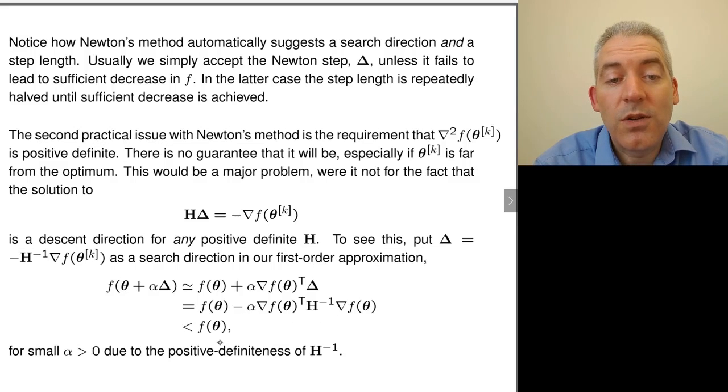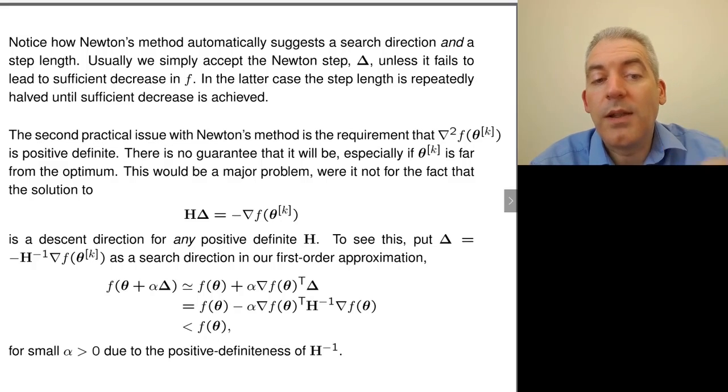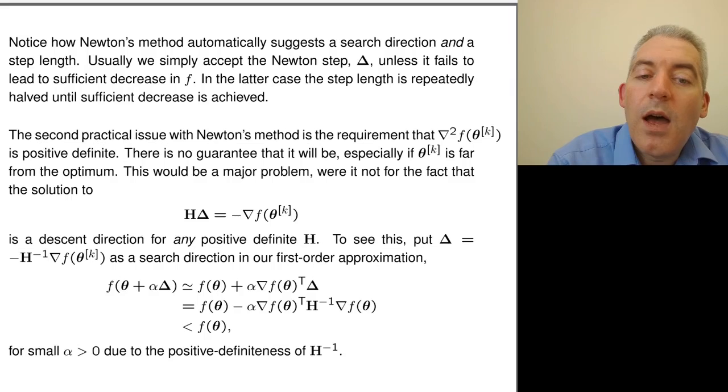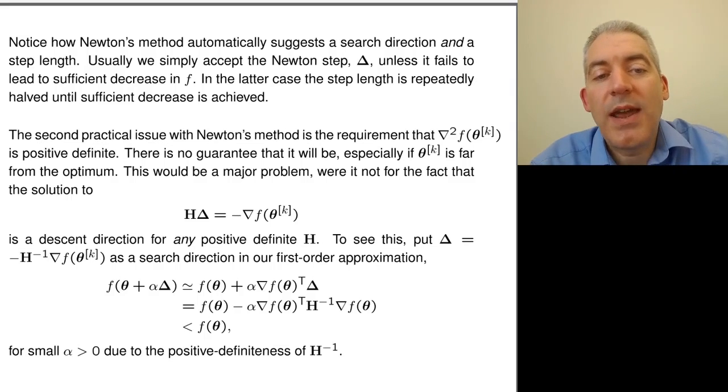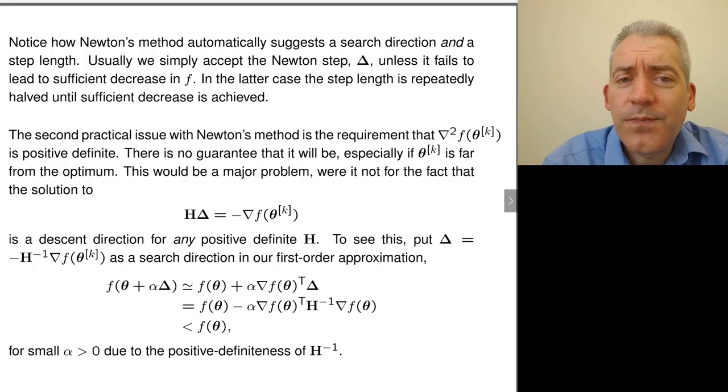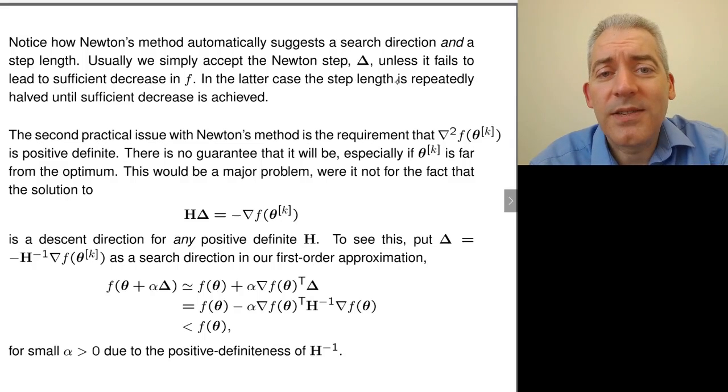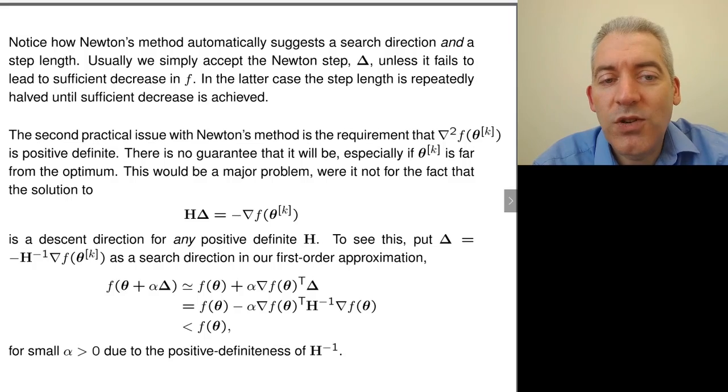And so as long as you choose alpha small enough, you're definitely going to go downhill. Whatever positive definite matrix H you use here, you are always going to get a downhill search direction, which is why this halving the step length thing is guaranteed to work, as long as you make sure your Hessian is positive definite.